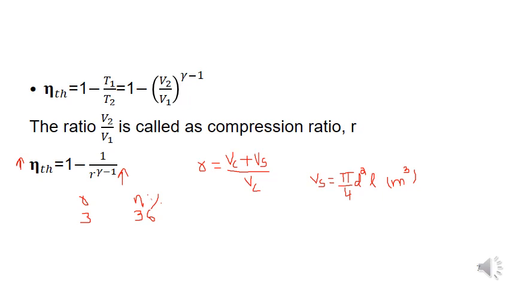If you take 4, we will get the thermal efficiency as 43. If you take 5, we will get the efficiency as 47.5 percent, keeping the adiabatic index as a constant value, that is gamma is equal to 1.4.